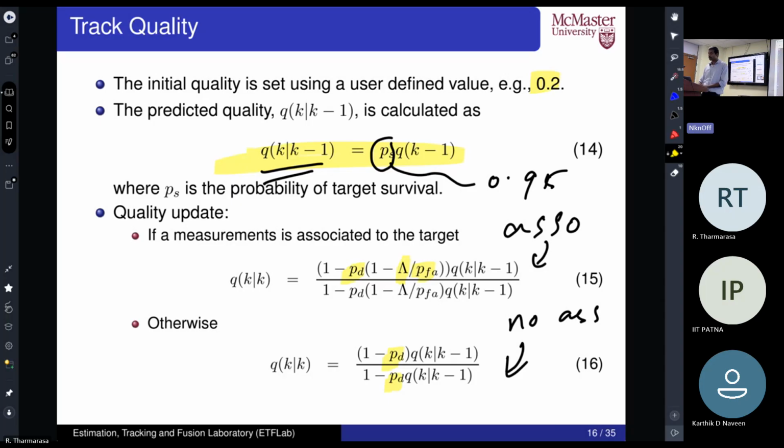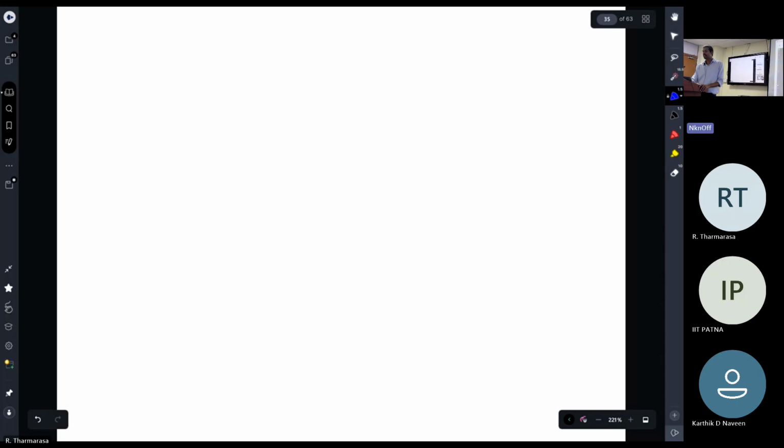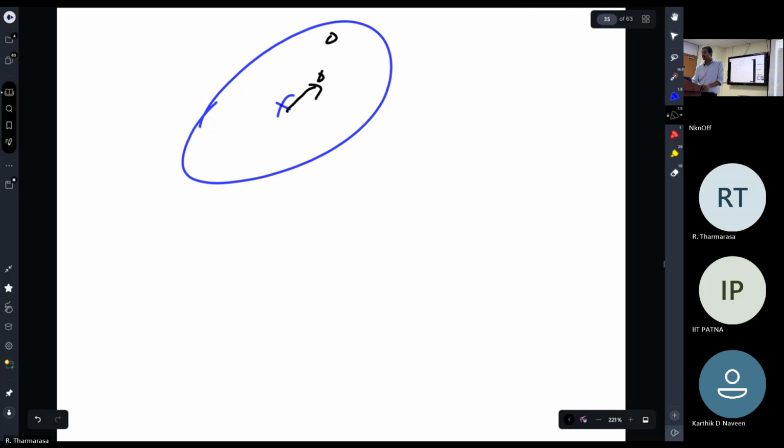If you have a detection here versus here, we'll have a different quality. If the measurement is closer to this, the likelihood is high.